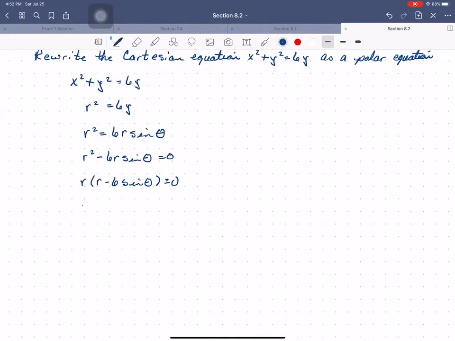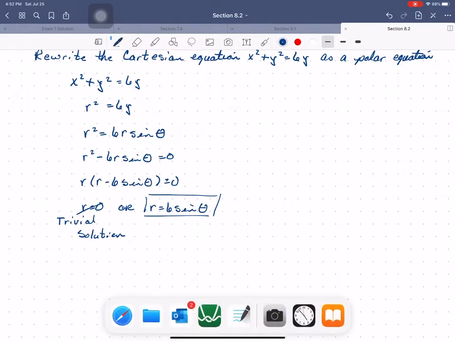And that means then that r equals 0 or r equals 6 sine theta. Now this first one is called the trivial solution, and we reject it. And this is our polar equation.